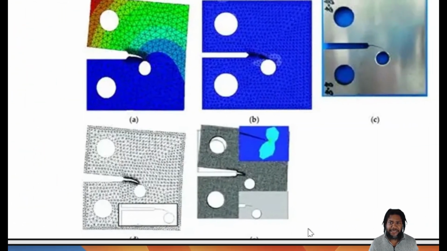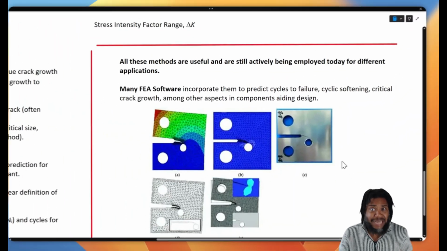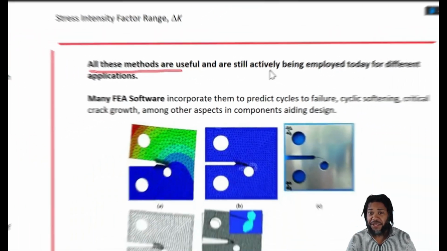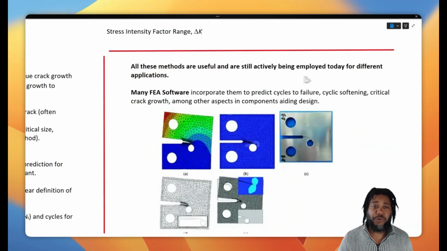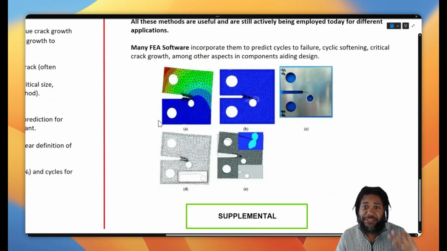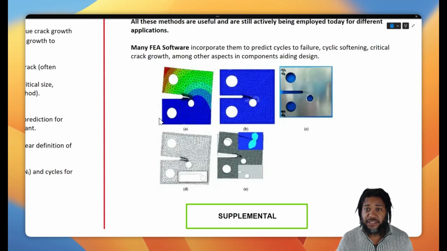Now, finally, how do we apply this as an actual engineer, as a design engineer? Well, the beauty is that all of these methods are useful and they're still actively being employed today for many different applications, and many finite element softwares where we actually design components incorporate these techniques to help us predict things like the cycles to failure, cyclic softening and deformation, the crack growth behavior.